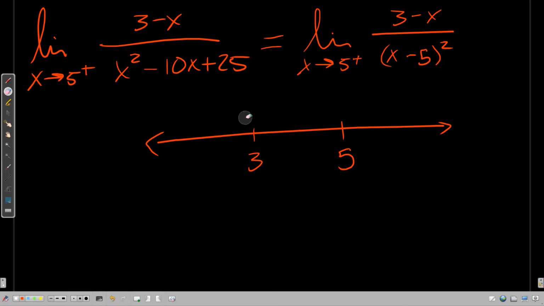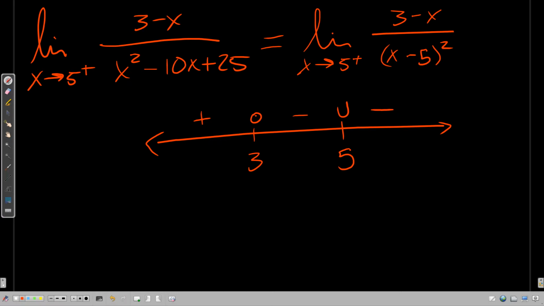0 is a good test point. That is what happens on the left side of 3. And if I put in 0, then that numerator is positive. And then if I put in a number like 4, I ought to get something negative here. Sure enough, if I put in 4 for x, the numerator is negative.